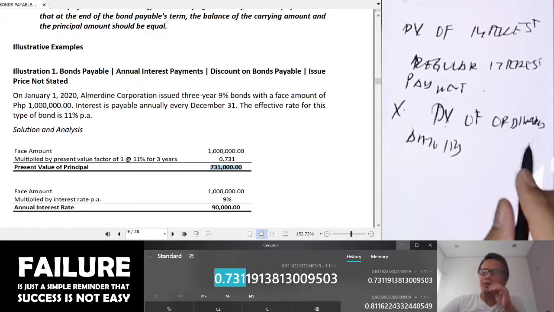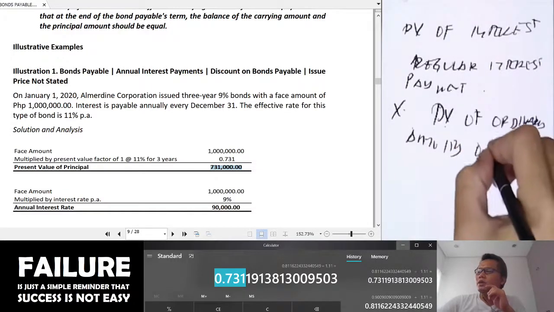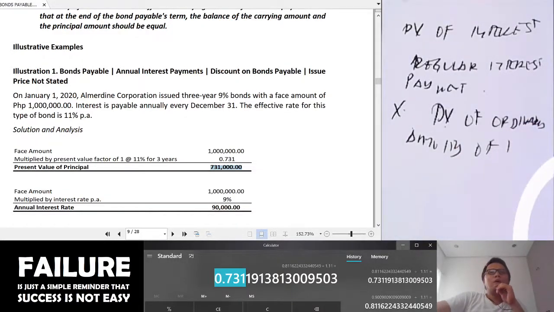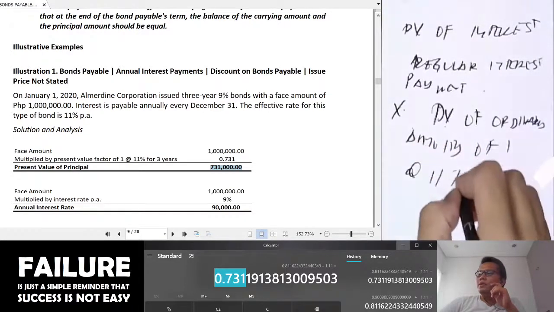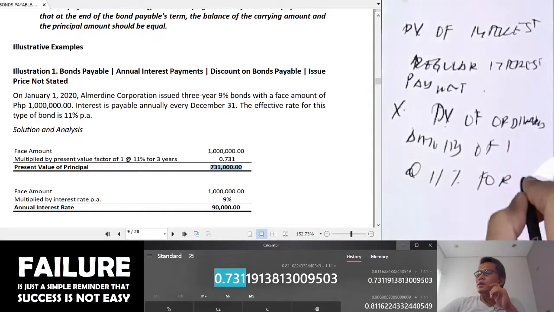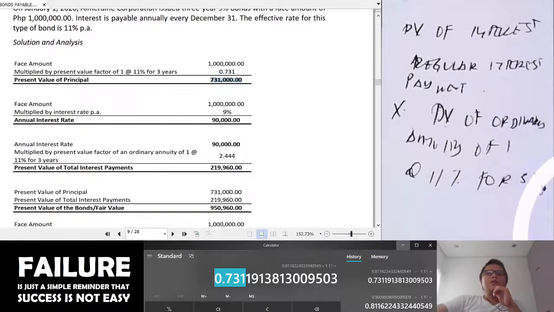So, the ordinary annuity applies there. Ordinary annuity of 1, still at 11% for 3 periods.